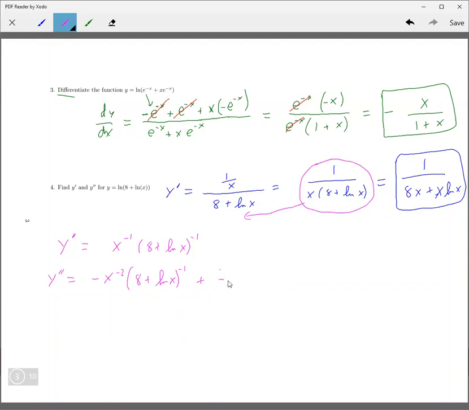Okay, no, wait, plus, maybe more organized here. Plus the first one times the derivative of this one. Okay, and the derivative, that's going to be negative. You got a negative come out, and this reduces by 1 power to minus 2. And then you multiply by the derivative of the inside part, which is 1 over x.